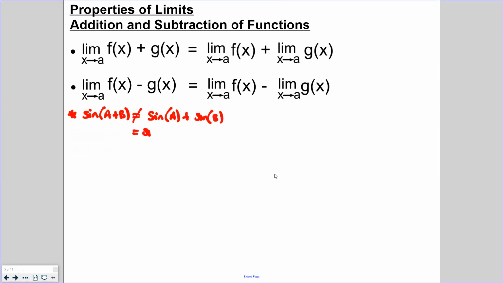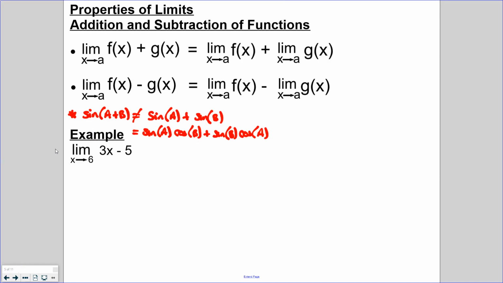Remember, it did equal sine of a times cosine of b plus sine of b times cosine of a. A lot of students fall into the trap of thinking, oh, I can always just pull something apart if it's addition. While it works great for limits, please don't make that assumption. But anyways, it works for limits, so let's move on and look at an example.